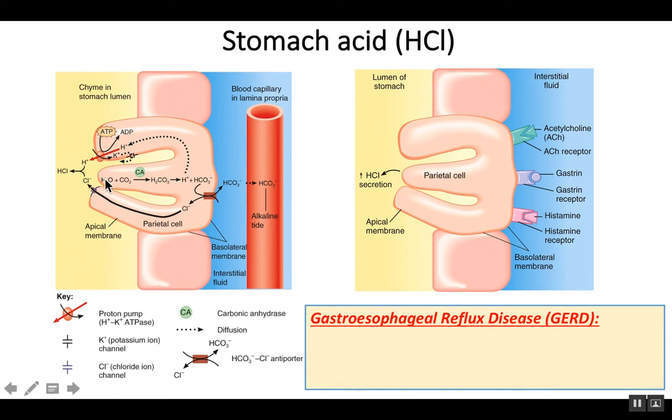Let's first look at how hydrochloric acid is secreted into the lumen of the stomach. The parietal cell has a number of transport channels. The most important ones we're going to look at are the proton pumps, which are shown here in the drawing, and then you'll notice the key down below.